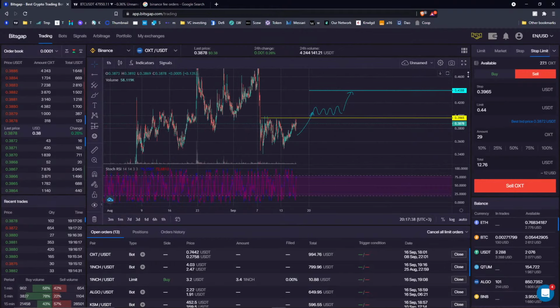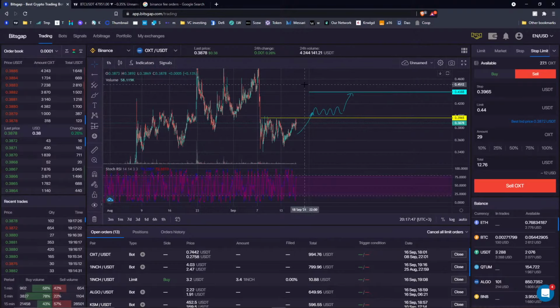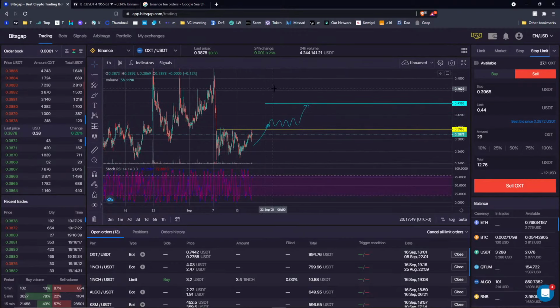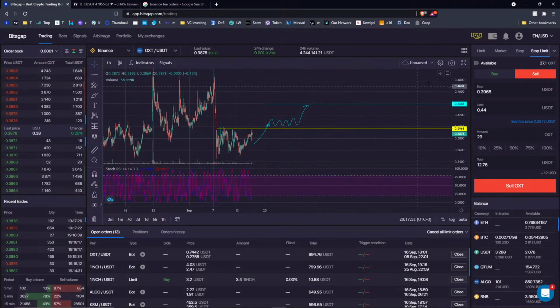Okay. You can play with this order in any way you want, and you can combine it with some other orders as well. For example, you can even set a stop loss in advance for this stop limit sell order. You can set a stop limit buy in that case, for example.